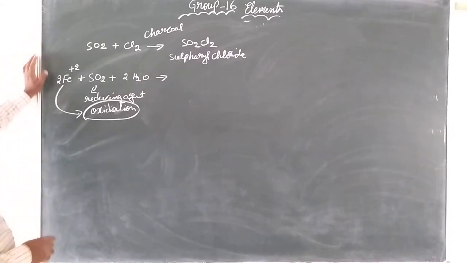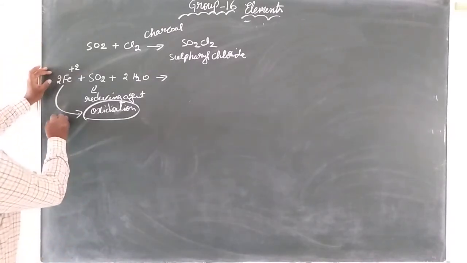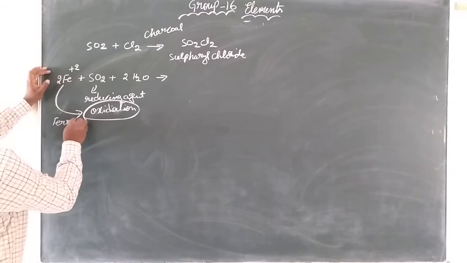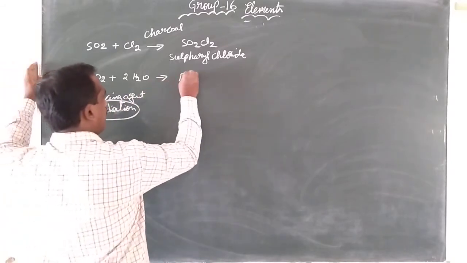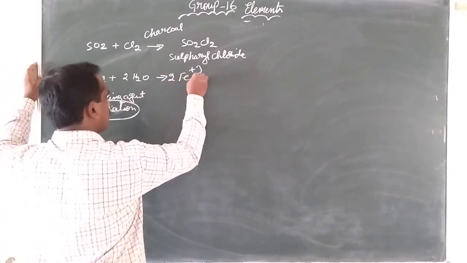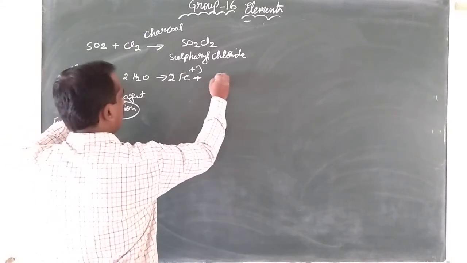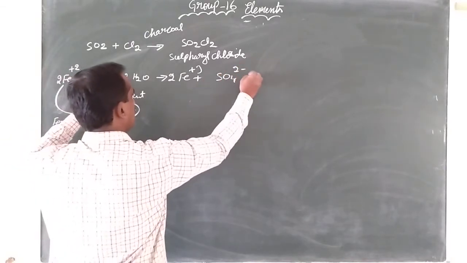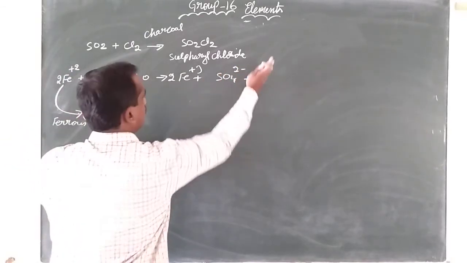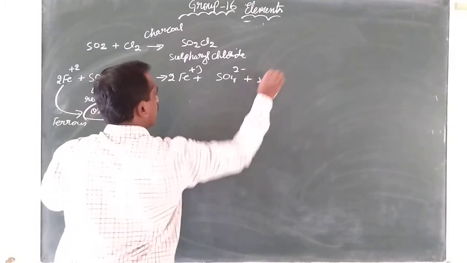Like ferrous Fe plus 2 is oxidized to ferric. Sulfur dioxide is converted into sulfate, and the remaining will be in the acidic form.